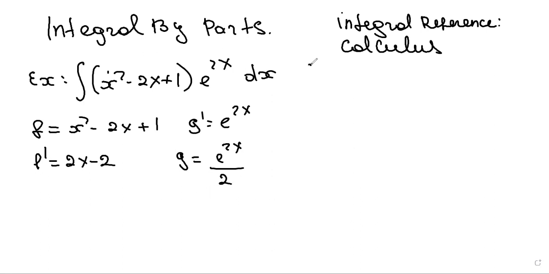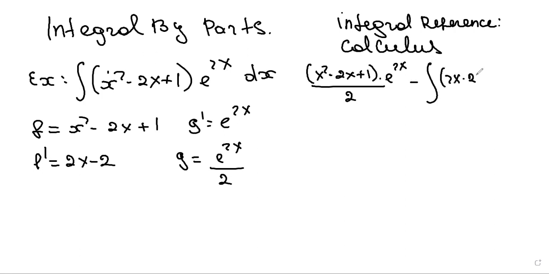So we will have x squared minus 2x plus 1 times e to the power of 2x divided by 2, minus the integral of 2x minus 2 times e to the power of 2x divided by 2 dx. After that, we should integrate this one.